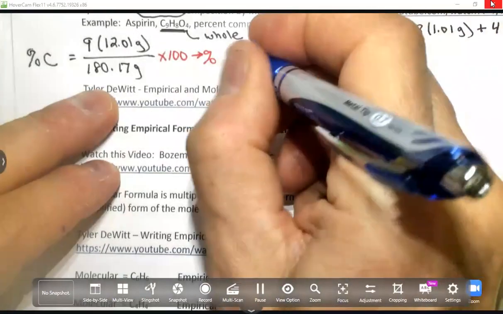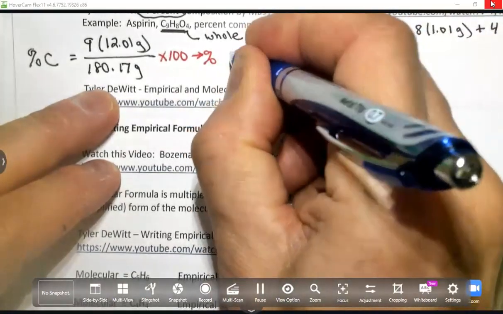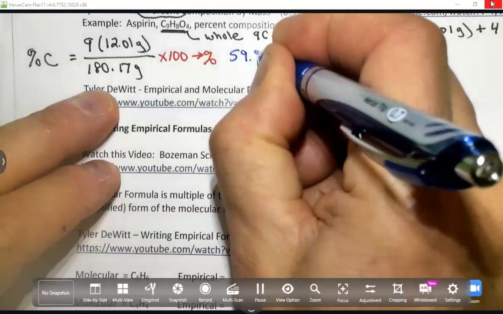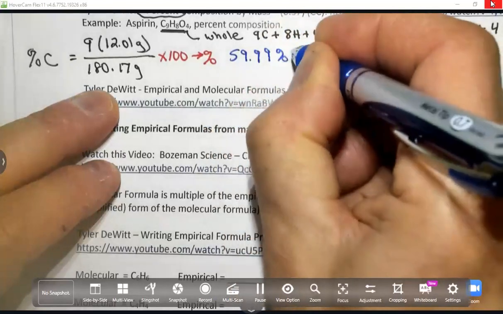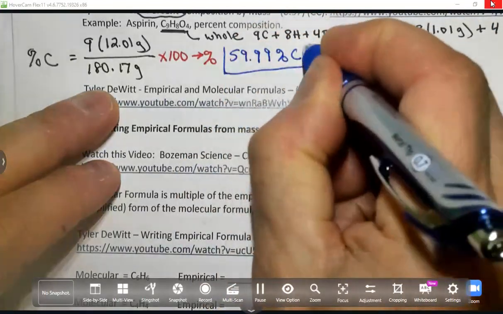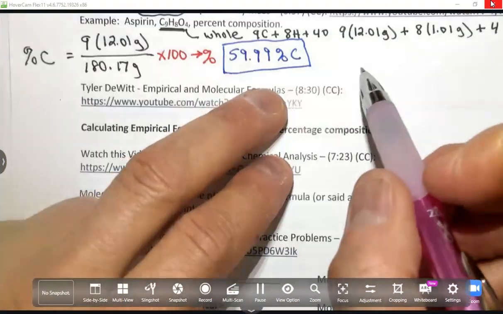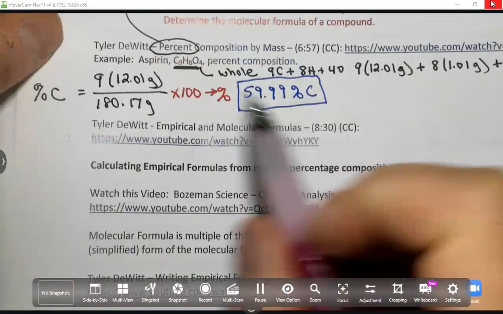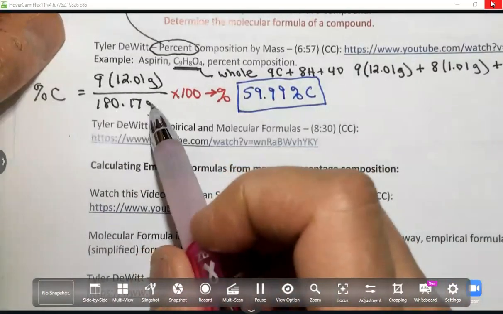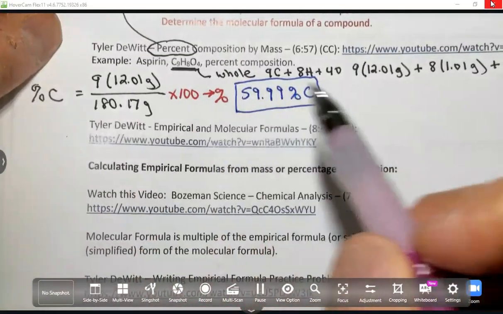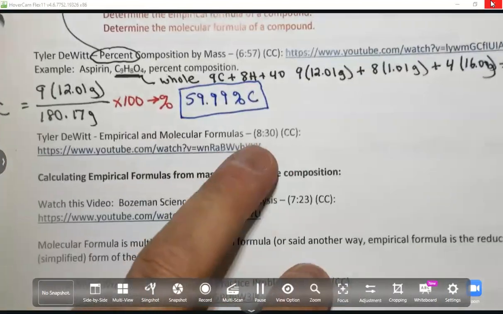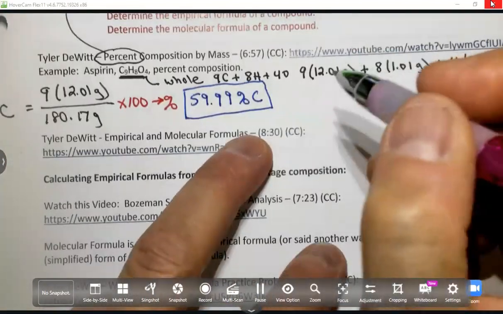All right, so we got 59.99% carbon. We'll box that in. 4 sig figs, yep, 4 on top, 5 on the bottom. So 4 sig figs.